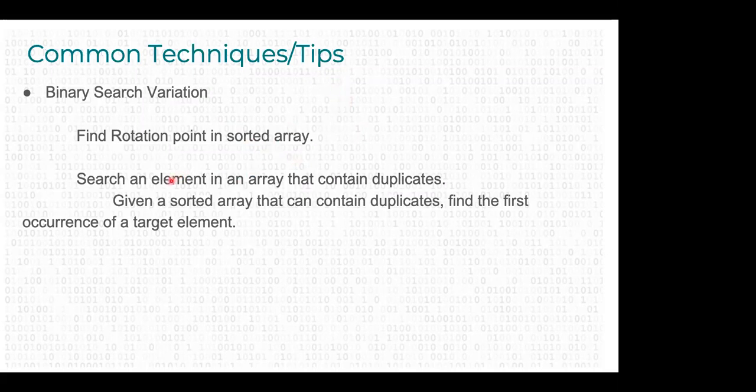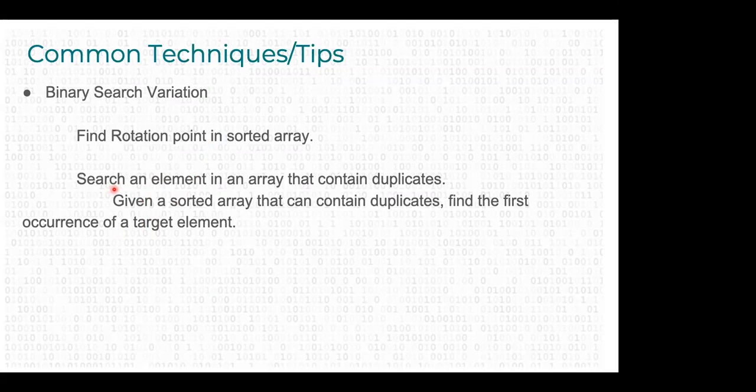You can choose the last element of the array to do that comparison against. I can go over the rotation point in a sorted array if you prefer, like we can go over the algorithm. I don't have a slide for it, but we can just have an example and talk over it if you want. The second one is searching an array that contains duplicates.